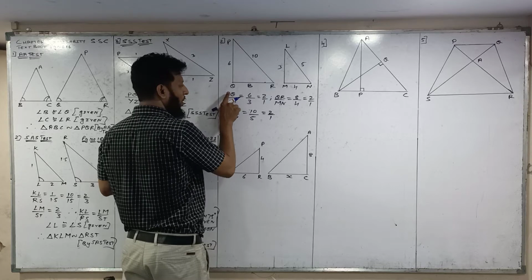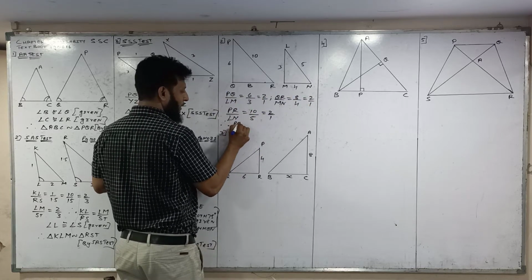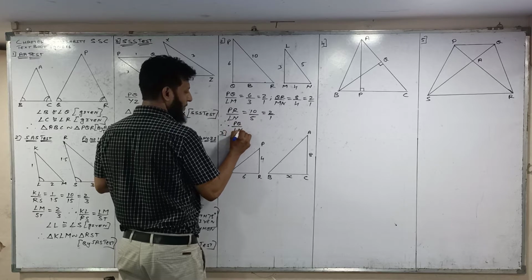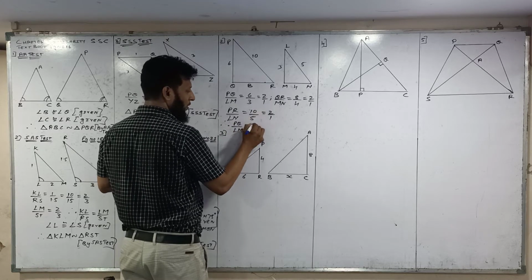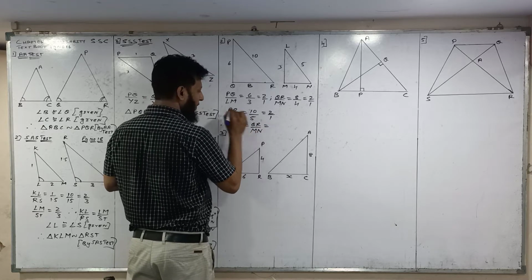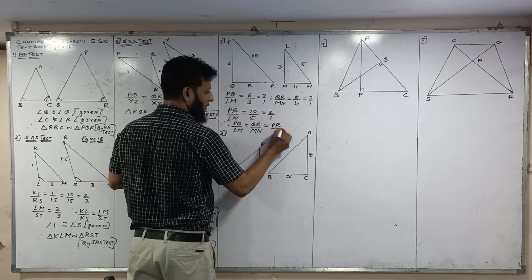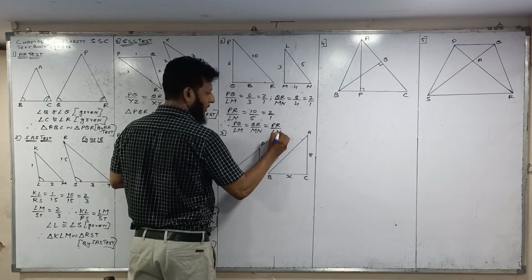Therefore, all are proportional, 2 upon 1, 2 upon 1. Therefore, PQ upon LM is equal to QR upon MN is equal to PR upon LN.